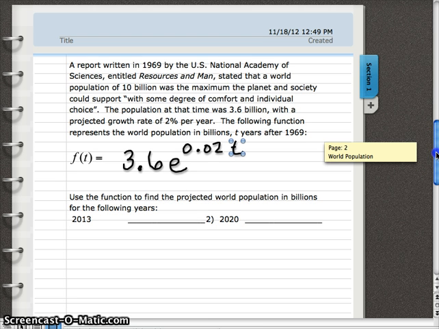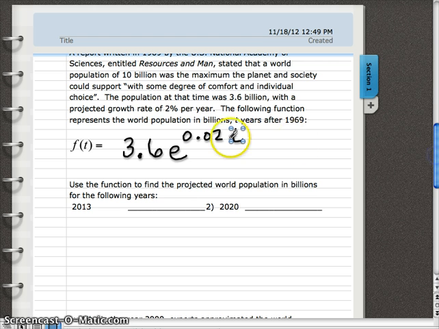So if this were the standard population growth, if it had continued in the last 50 years, only growing at 2%, which is not quite accurate, but we'll just use it as an example here, what should our population be right now in the year 2013? Well, we've got to figure out how many years since 1969 that is.